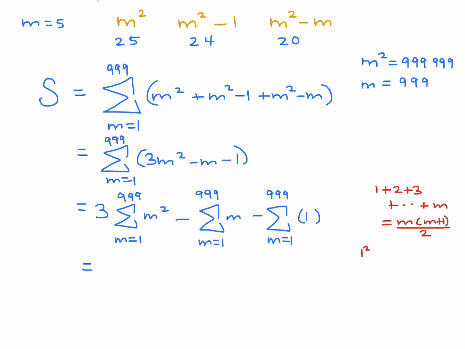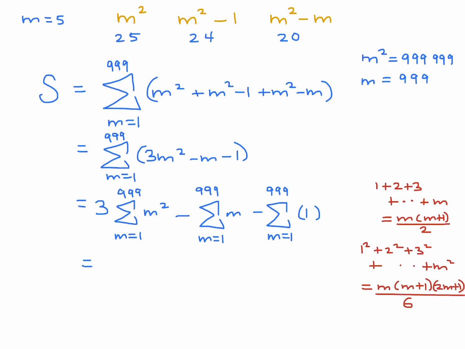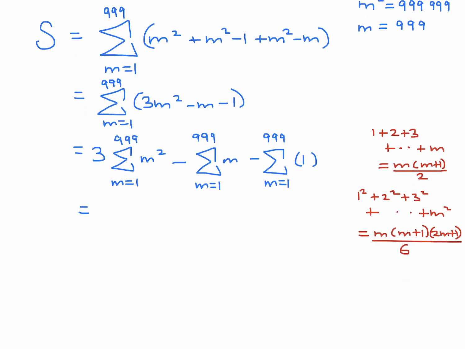But the other one, which is 1 squared plus 2 squared plus 3 squared ... the sum of the squares, that's a lesser known formula. Some of you remember it, some of you don't. I'll tell you what it is. It's m times m plus 1 times 2m plus 1 all over 6. All right, so that's what you're going to use.